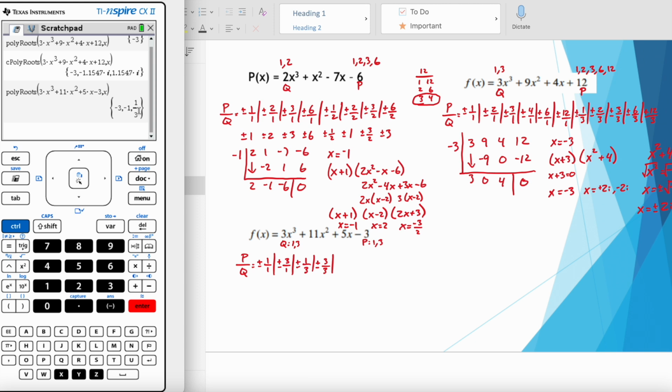Keep in mind we can always go ahead and even write down our answers: -3, -1, and 1/3. You're going to choose one of your numbers to go ahead and do synthetic division with. In this case, let's go ahead and choose -1.